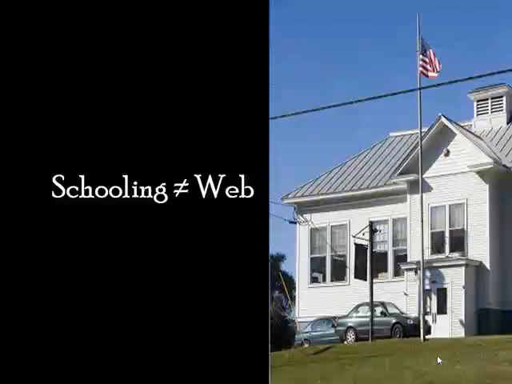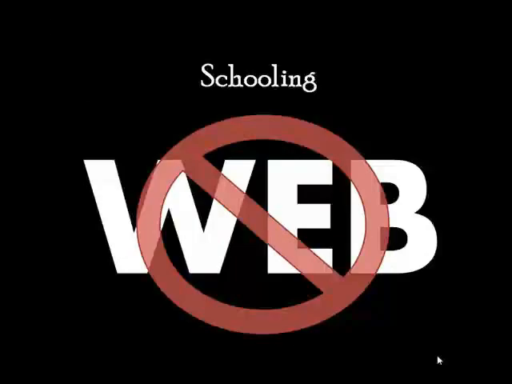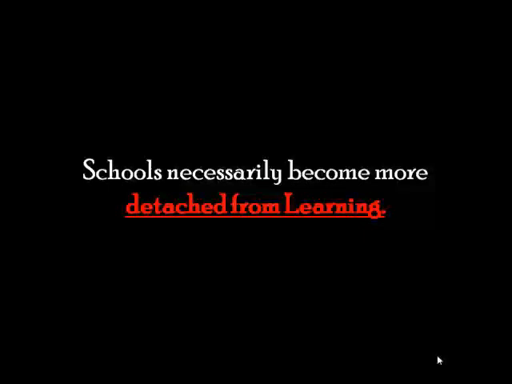What do we know mostly for schooling's response to the web? They block it. So most of the world's new information is digital, so schooling necessarily becomes more detached from learning. That's the end of concern number 1.